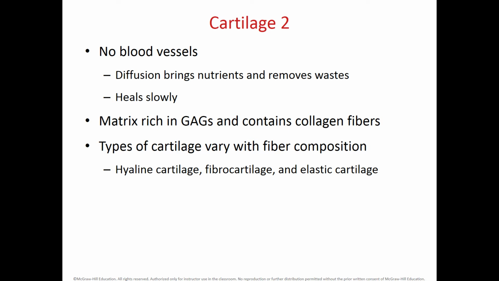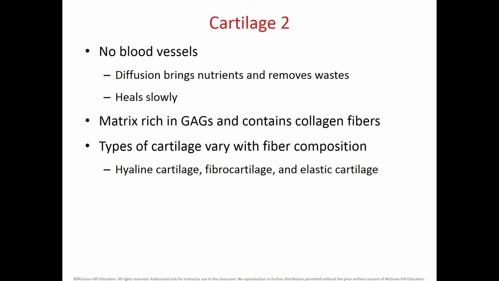Because it doesn't have much blood supply, the cartilage tends to heal slowly, because with blood supply you have a lot of growth factors and nutrients that help the cells heal faster. But cartilage doesn't heal fast because it doesn't have blood vessels.